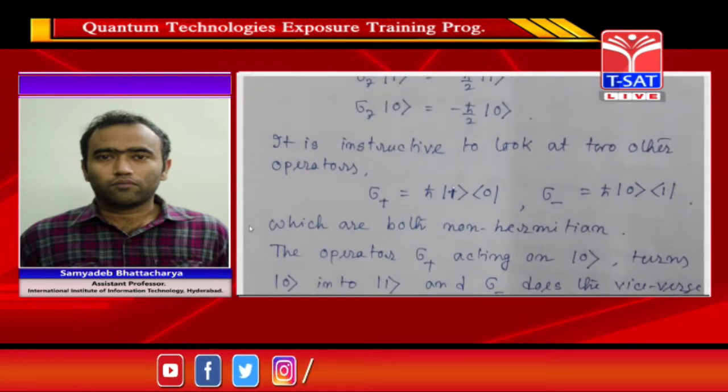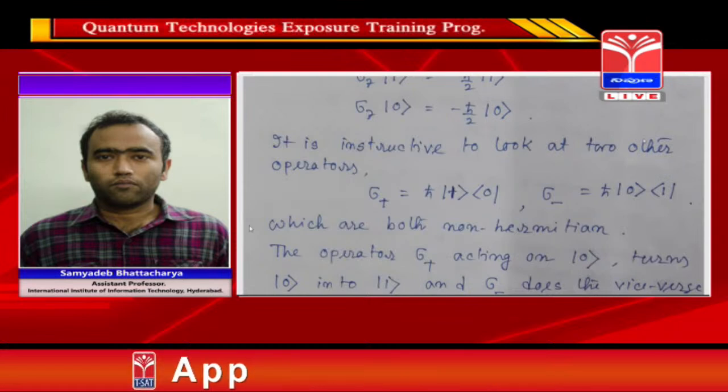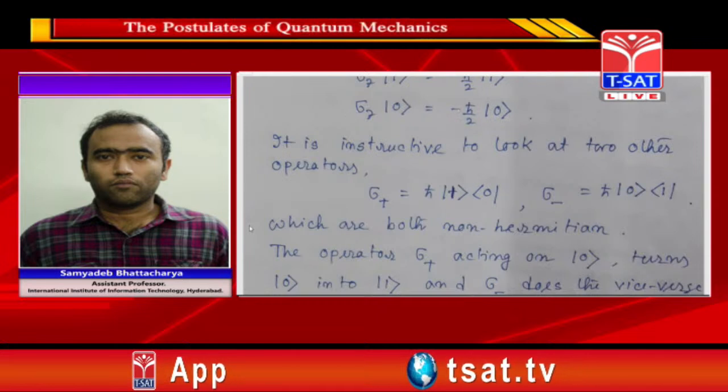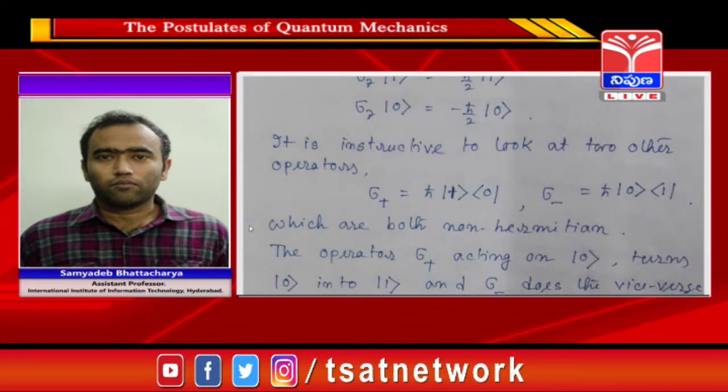There are some other operators. For example, I was saying that quantum mechanics also uses operators which are not Hermitian, just like the sigma plus and sigma minus operators. Again you can ignore the h bar. Sigma plus is basically again a projection, but from one state to another.